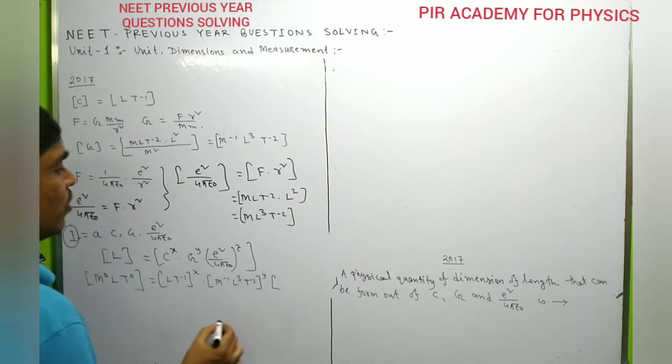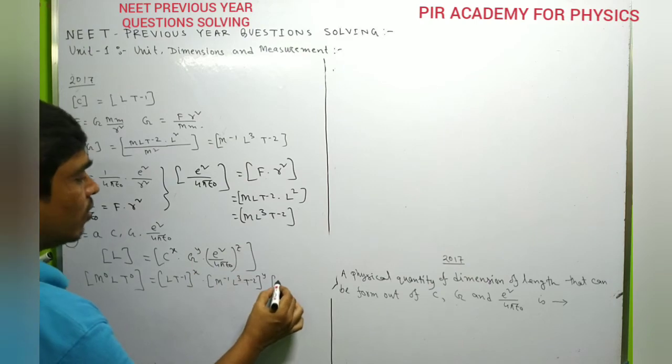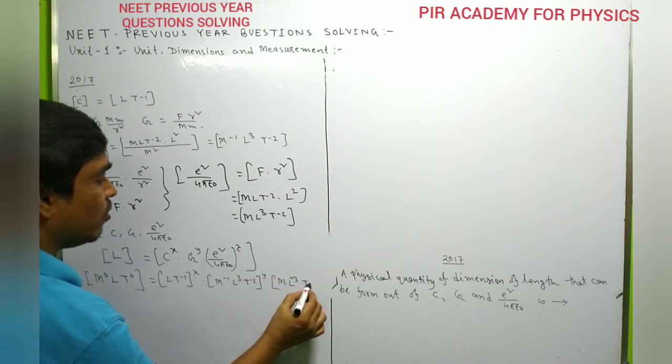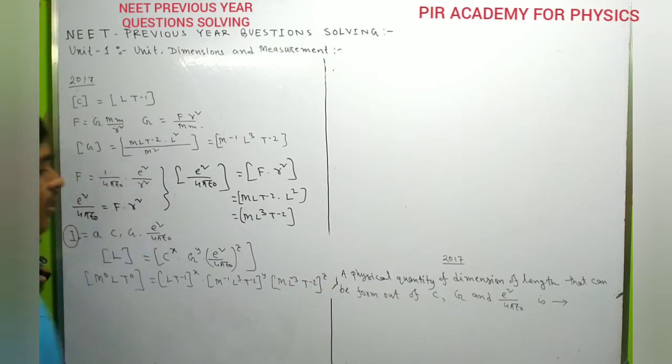And the dimension of e square by 4 pi epsilon naught is M L cubed T to the power minus 2, whole to the power z. So it can be expressed as M to the power 0, L and T to the power 0.